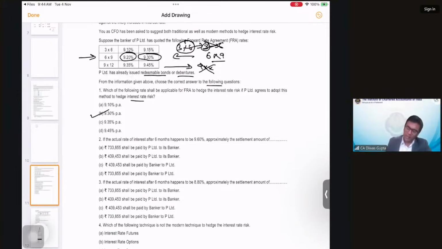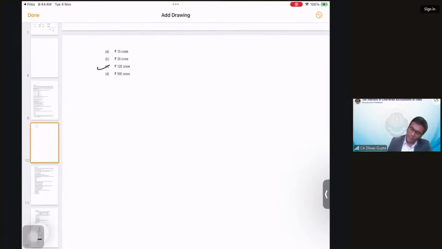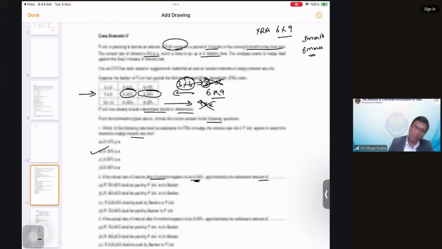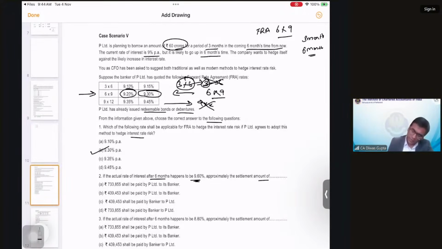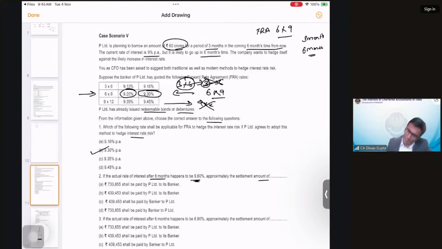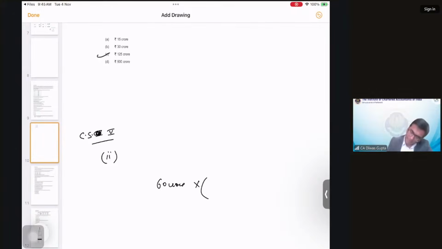9.3%. Then, if the actual interest rate after 6 months happens to be 9.6%, approximately the settlement amount will be... Now, this needs to be calculated, right? What is the notional amount? 60 crores. This is case study 5, part number second, students. Notional amount is 60 crores multiplied by 9.6 minus 9.3, which is the FRA rate.